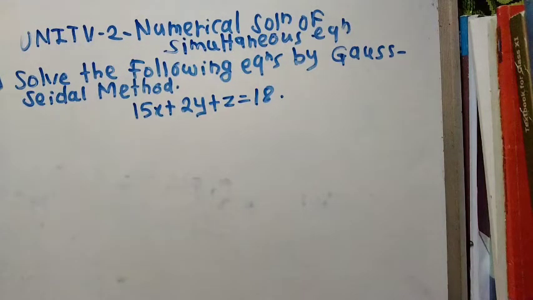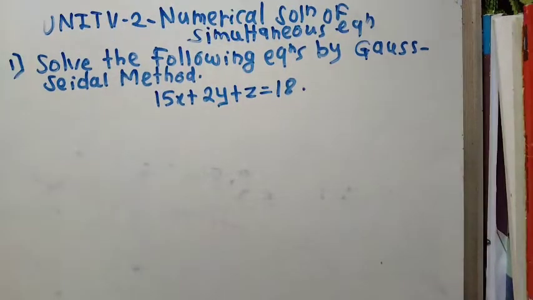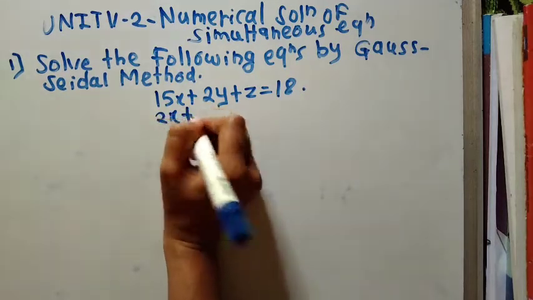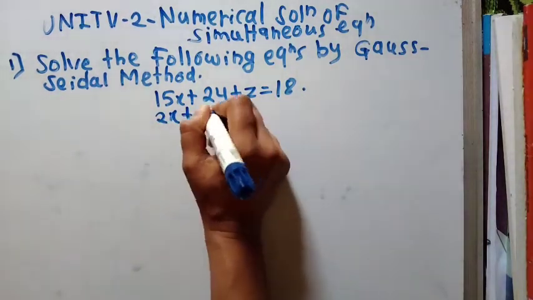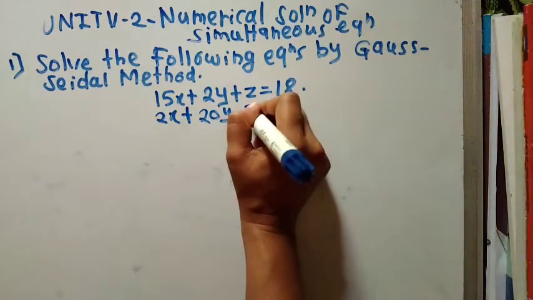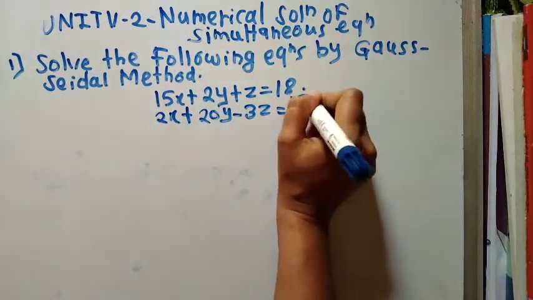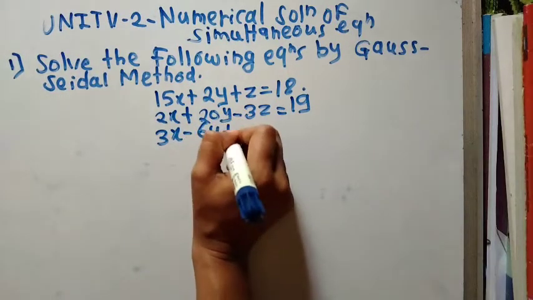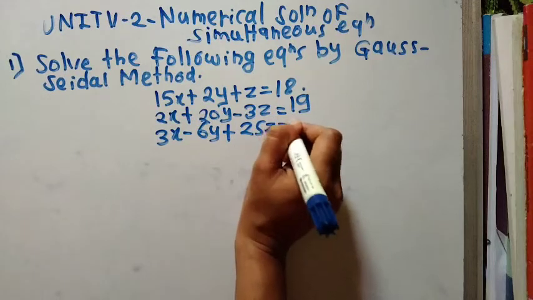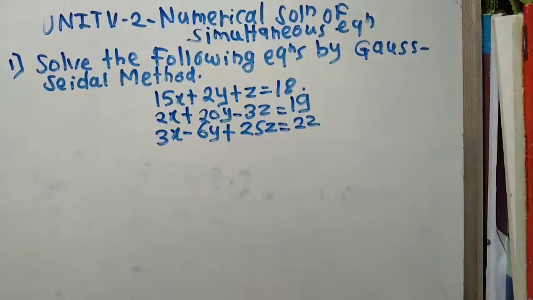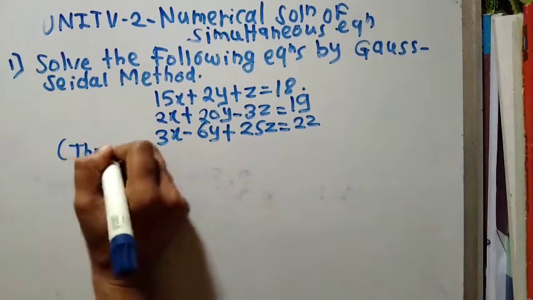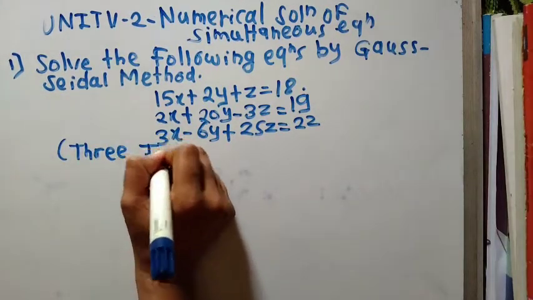Then second is 2x plus 20y minus 3z is equal to 90, and 3x minus 6y plus 25z is equal to 22. Then here carry out 3 iterations only.